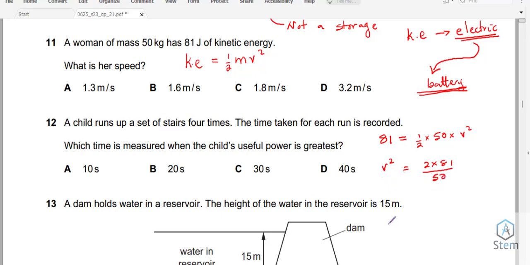But we don't want v squared, we want v. So v is equal to the square root of 2 times 81 over 50. You punch that in the calculator, you are going to get 1.8.